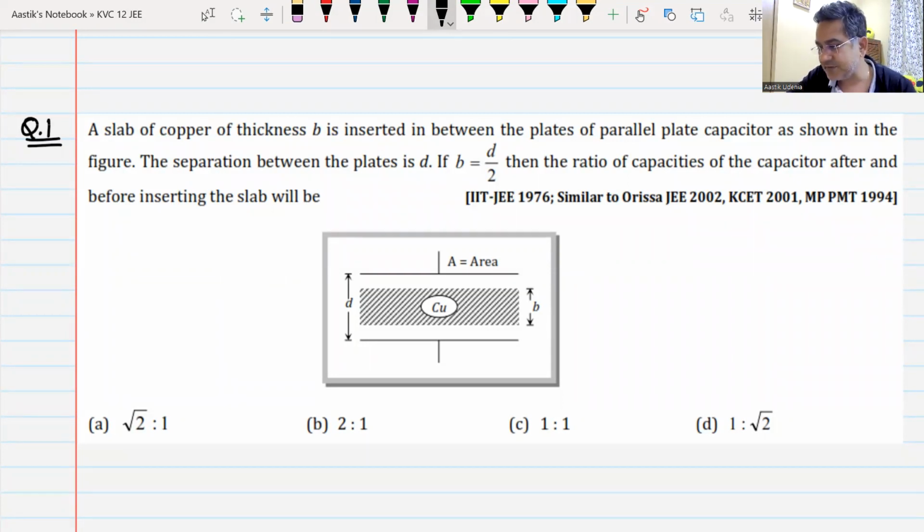The separation between the plates is D. If the value of B is D by 2, then what is the ratio of capacitance C dash afterwards divided by capacitance C before inserting the plate?